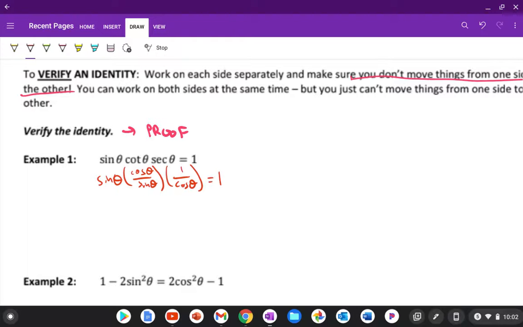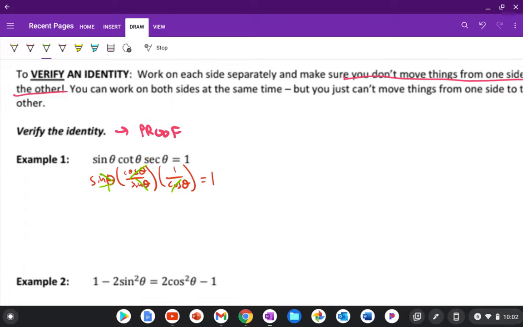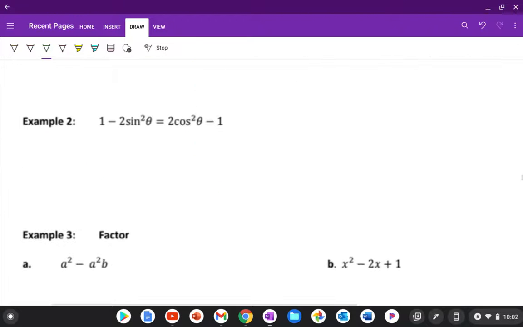So this one's going to actually work out very nicely for us. Same thing as we had happen in the last question. This sine and this sine cancel because this is really sine over 1. And this cosine and this cosine cancel. So we just get 1 equals 1. You do need to show what you did in your simplification there, or your substitutions there, to show that it does equal 1. Because I've already told you that it equals 1, you got to prove that it equals 1. All right. Next one.